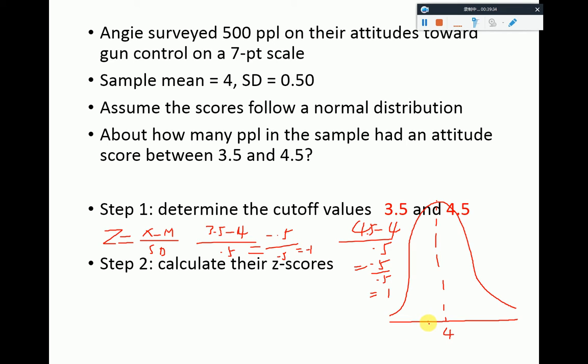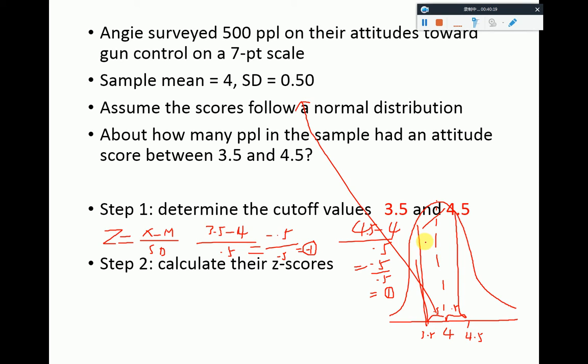So that means 3.5 is exactly 1 standard deviation below the mean, and 4.5 is exactly 1 standard deviation above the mean. Because the difference here is 0.5, which is exactly 1 standard deviation. The difference here is also 0.5, which is also exactly 1 standard deviation.